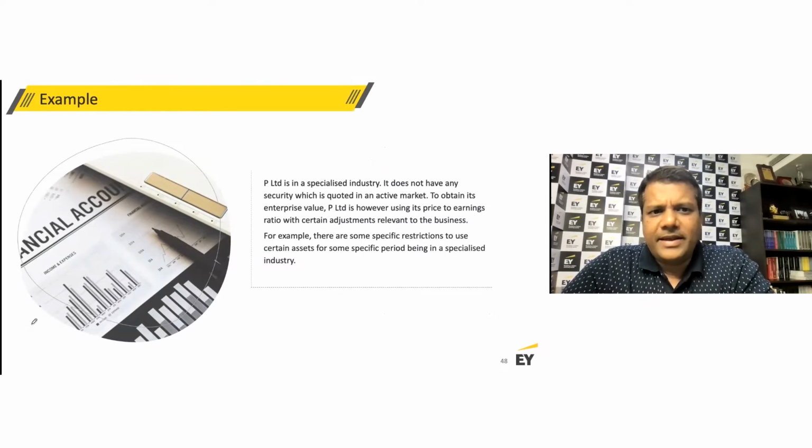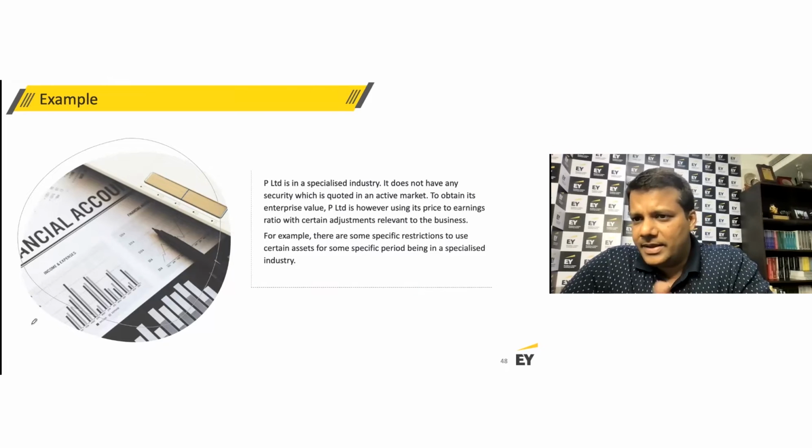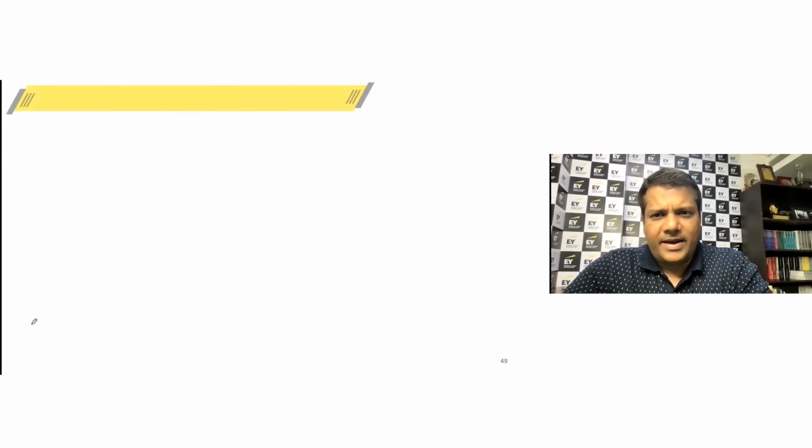It does not have any security which is quoted in an active market. To obtain its enterprise value, P Limited is, however, using its price to earning ratio with certain adjustments relevant to the business. For example, there are some specific restrictions to use certain assets for a specific period, being in a specialized industry. So that's how you apply a market approach to determine your fair value.